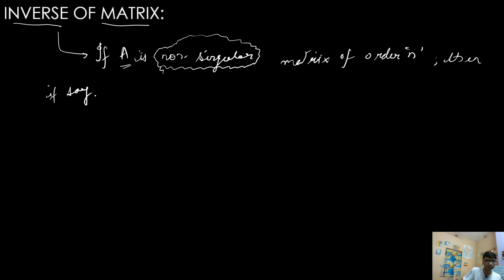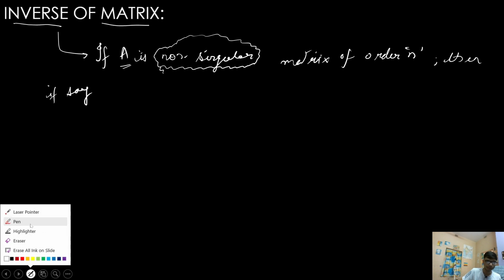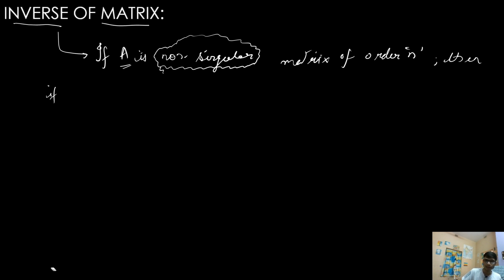Okay, let me write it. If A is a non-singular matrix of order n, then we say A is invertible. That means A का inverse जो value है उसको निकाल सकते हैं.